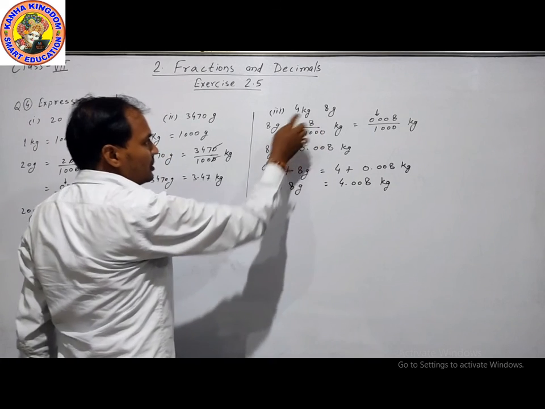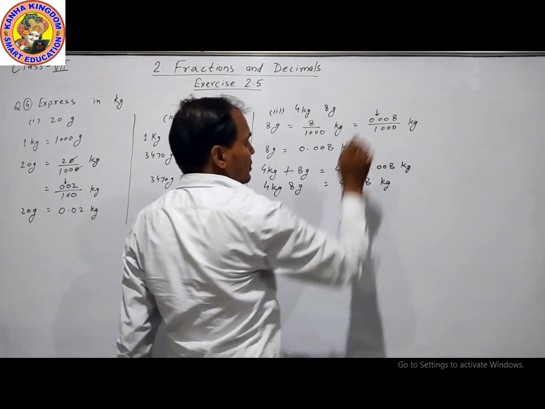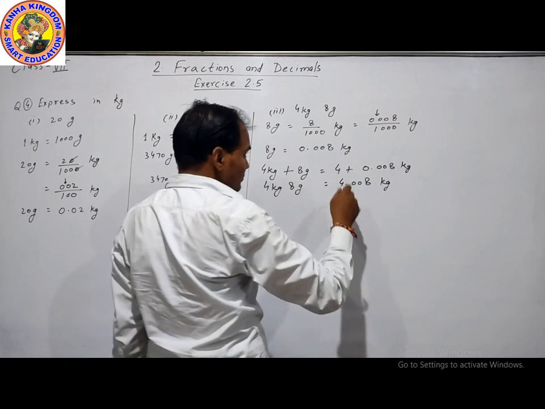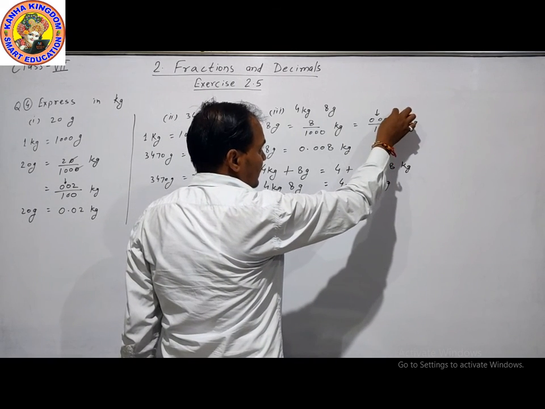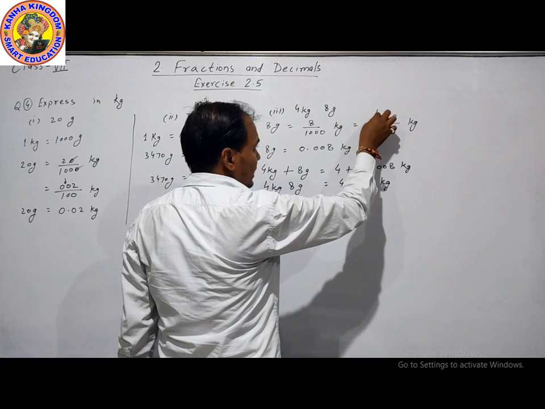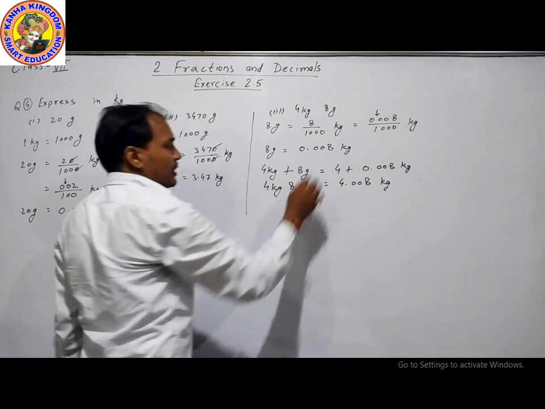Here is 8, but here are not 3 digits to convert in decimal point. So we will add 3 zeros here. Now 3 zeros, so 3 decimal places will be needed. 1 2 3. So here comes our decimal point, 0.008.